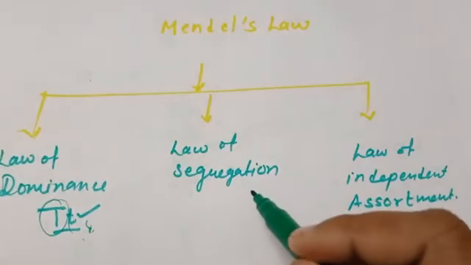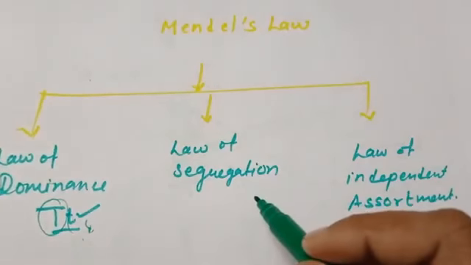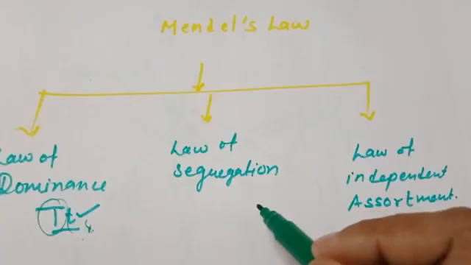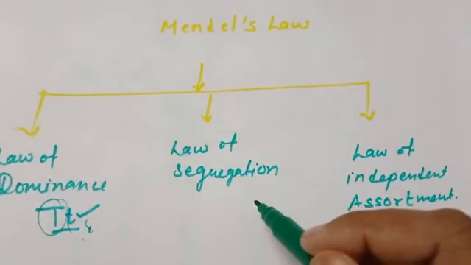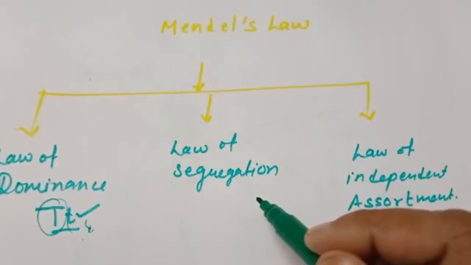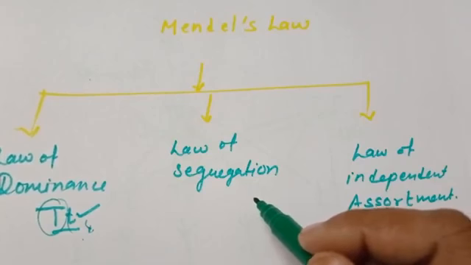This means the mixing of genes in the form of hybrids does not occur. The blending of different characteristics does not happen. They remain individual and independent. This is also called the law of purity of gametes.